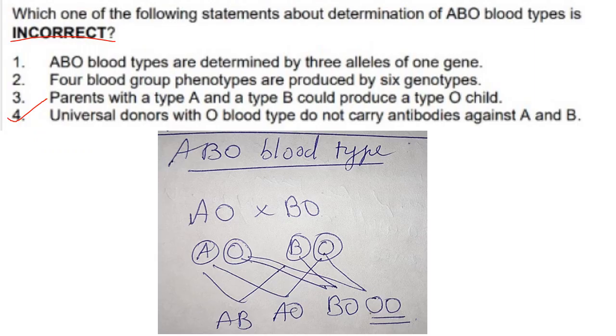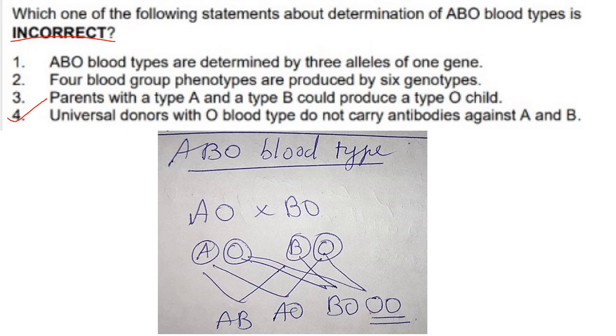Then next one. Which of the following statements about determination of ABO blood type is incorrect? ABO blood types are determined by 3 alleles of one gene. Yes, that is correct. 4 blood group phenotypes are produced by 6 genotypes. 4 blood group phenotypes, that is A, B, AB and O, are produced by 6 genotypes.